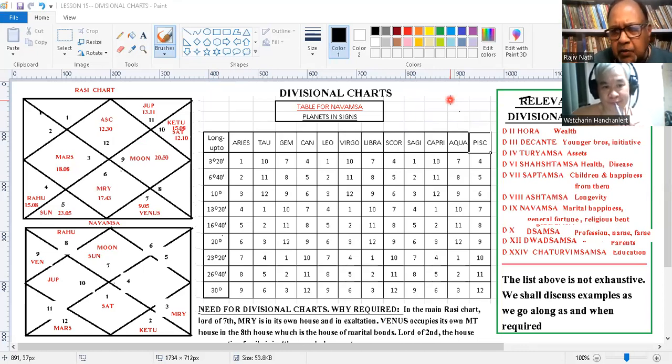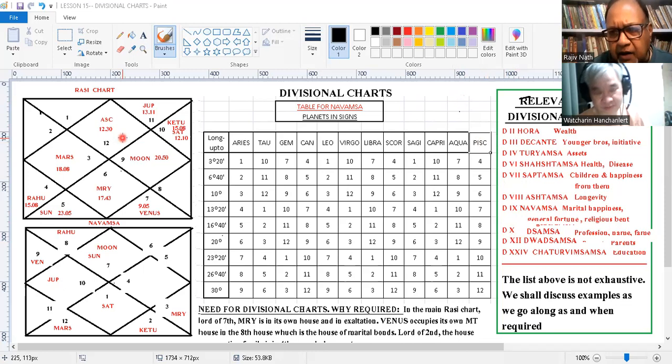Now you need to understand there are at least 60 divisional charts. The important ones are mentioned here on the right hand side. The main Rashi chart is called D1.